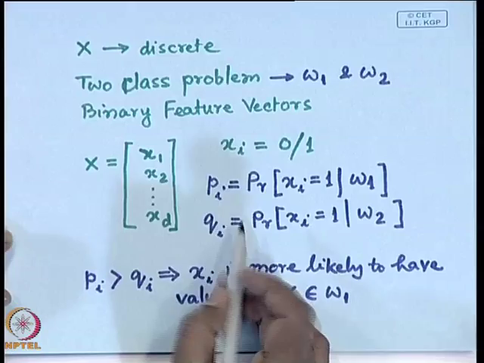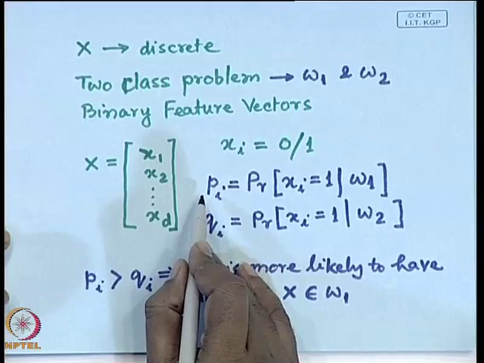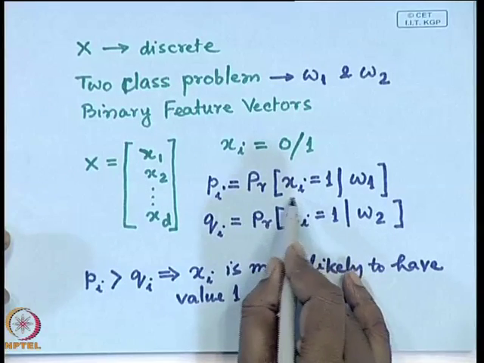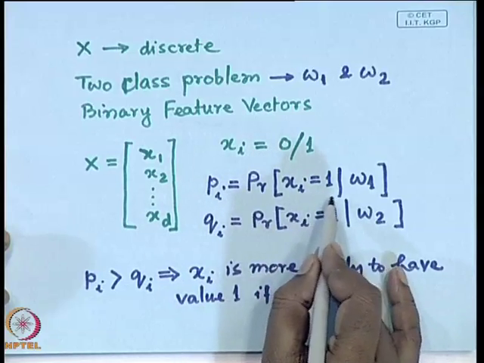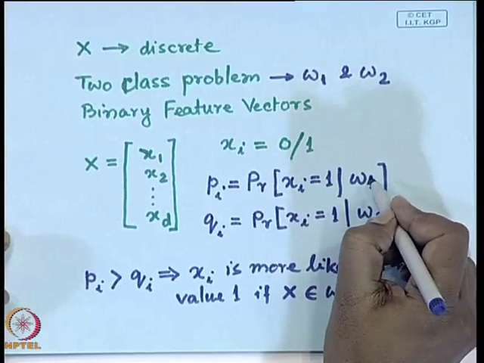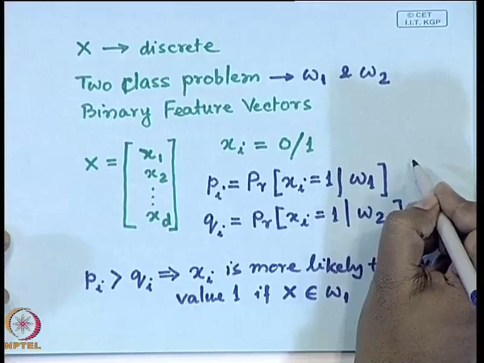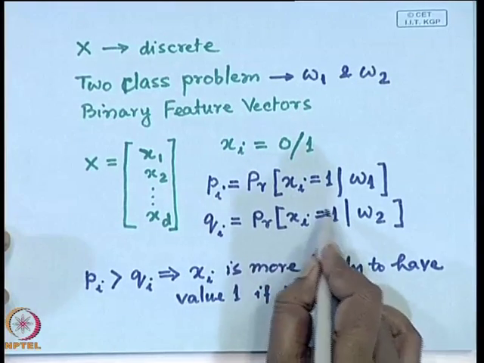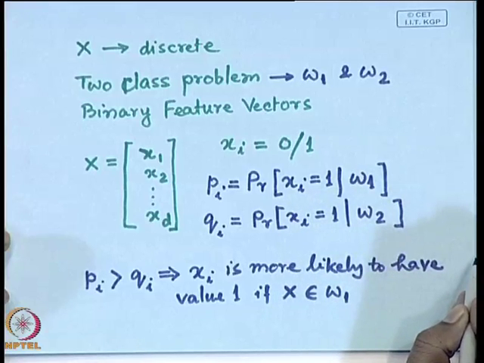Okay. So, simply over here, if that feature I put as the ith feature x i, okay, then p i will be more frequently equal to 1, x i will be more frequently equal to 1 if this omega 1 is Darjeeling, okay, and this will be less frequently equal to 1 if omega 2 is from Nagpur. Okay.